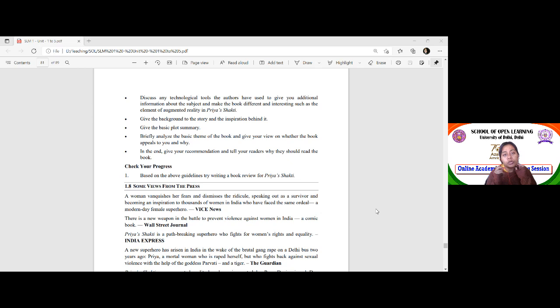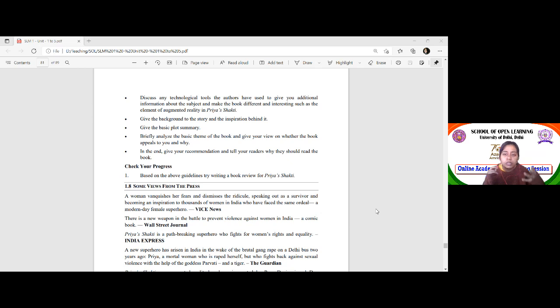You critically look at it, like you look at the themes, the underlying meaning, how it is written, whether it is an easy read, whether it is very difficult for someone to understand. So you see all of these, and then you finally try to judge the book, maybe in comparison to other books that are coming out at this time, or whether this book is relevant at all or not.